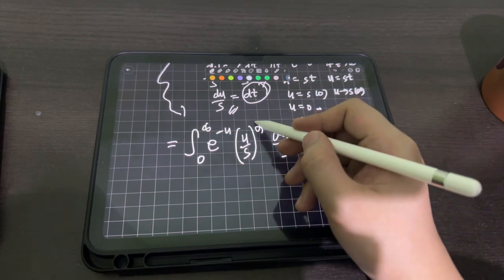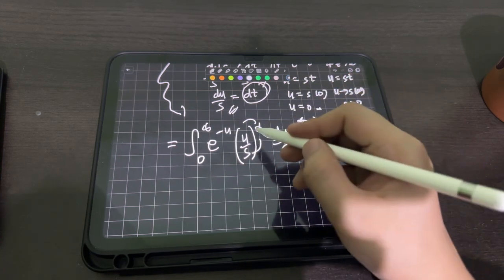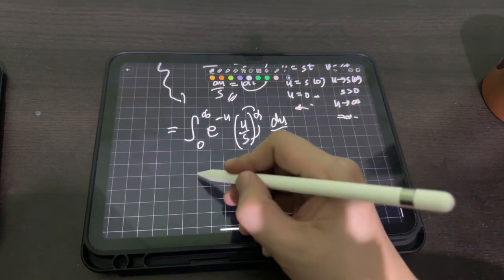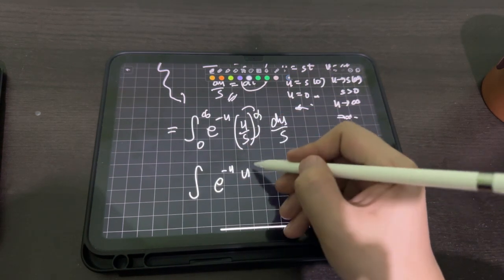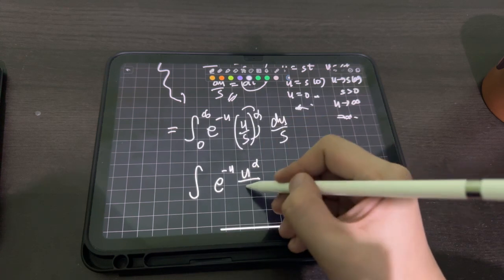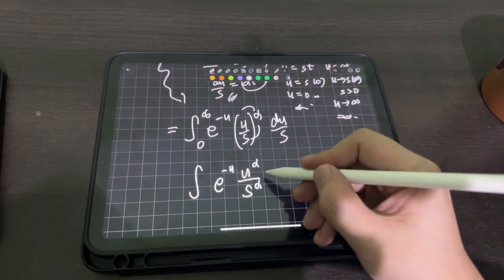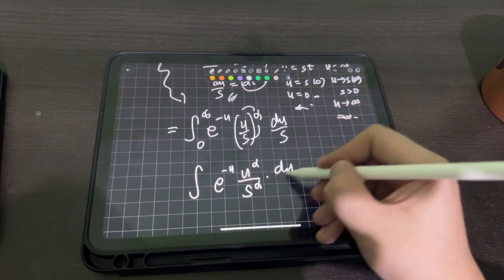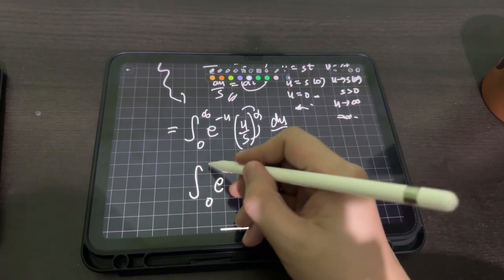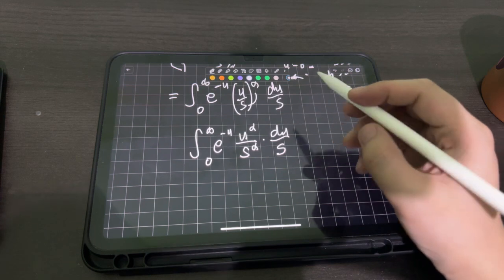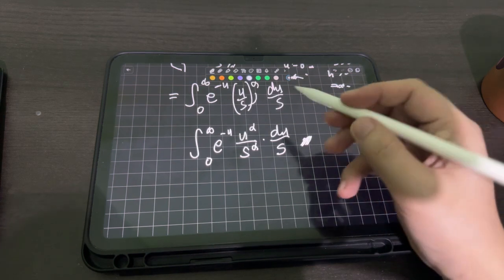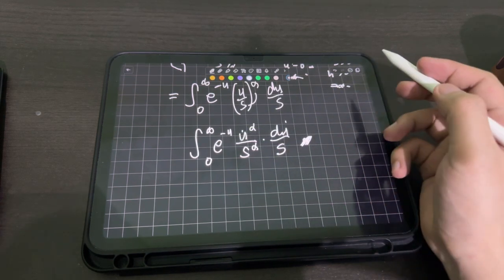Let's simplify. So distribute the exponent alpha on u and s. So it's the integral of e to the negative u to the alpha over s to the alpha times du over s from 0 to infinity. So the independent variable in this integral is now u, right?